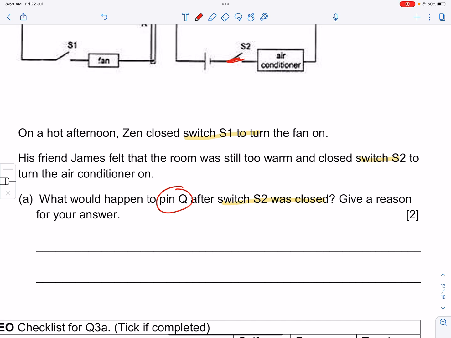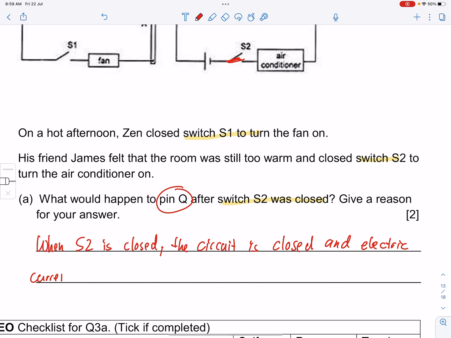So when switch 2 is closed, then you have your first C. The circuit is closed, and electric current can flow through the circuit. Then after that, my outcome.